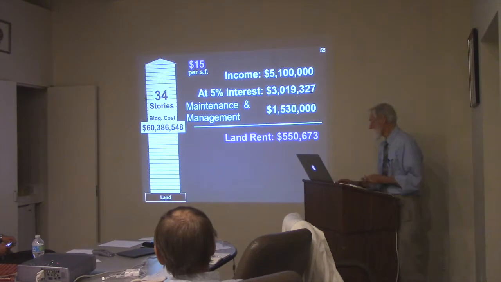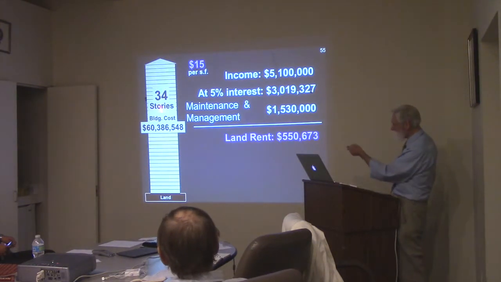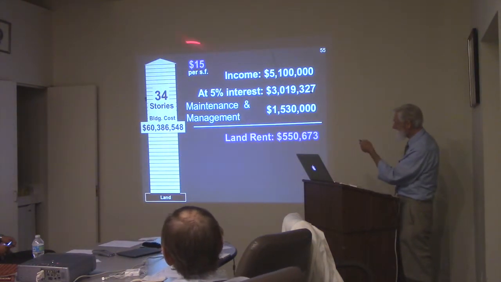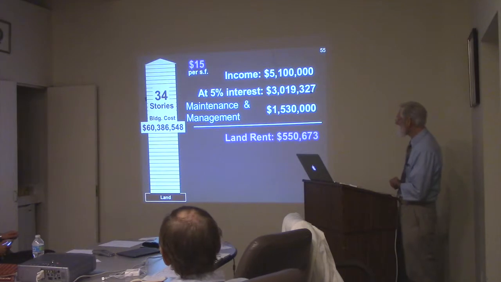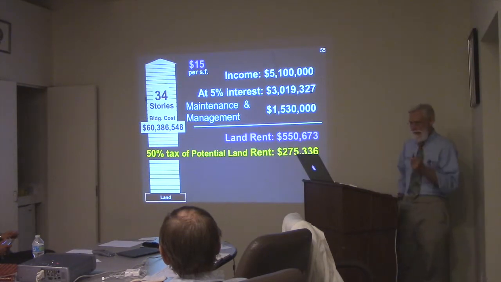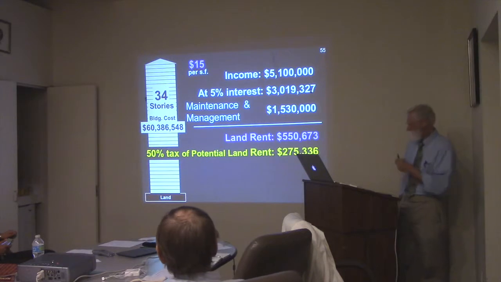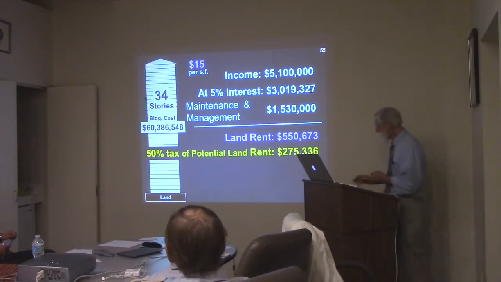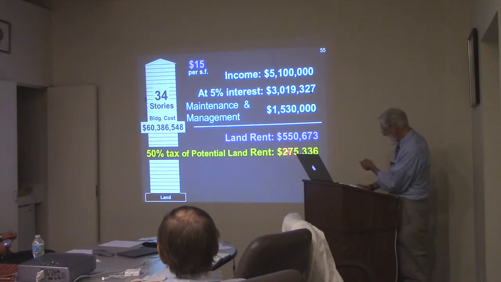Before we started with the taxes, that 34-story building at $15 a square foot yielded a gross land rent of $550,673, right? So if we had a 50% land value tax, 50% of the rental value of land or 50% of the potential rent, however you want to say it, that would mean that the city gets $275,000 in revenue.